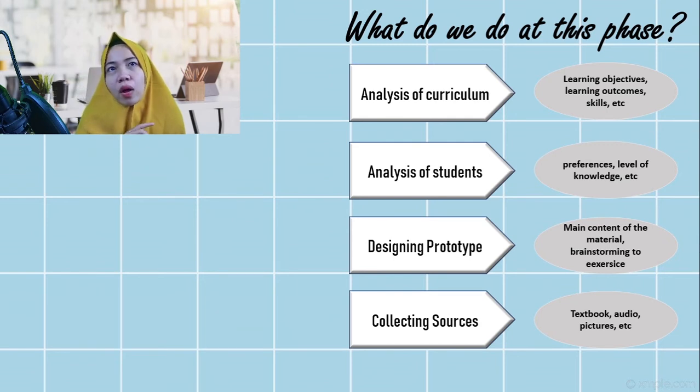For example, my students prefer sports, technology, and arts. They love to read those three types of text. So I would like to provide them with those types of reading material. So you can design the prototype of your learning material.